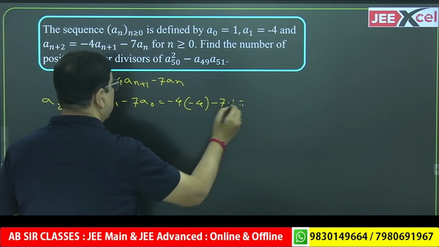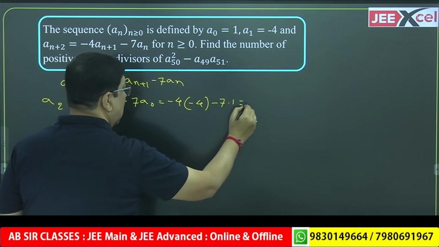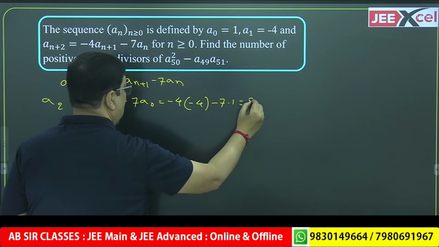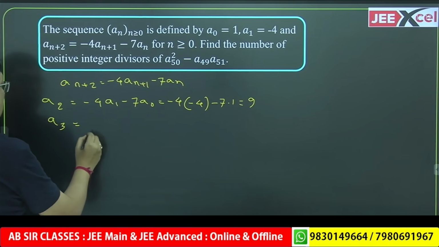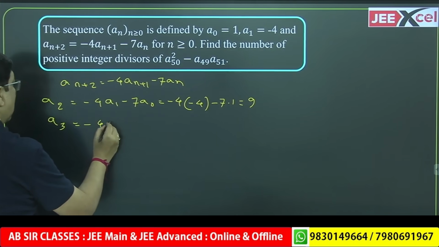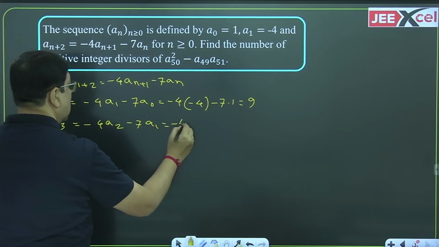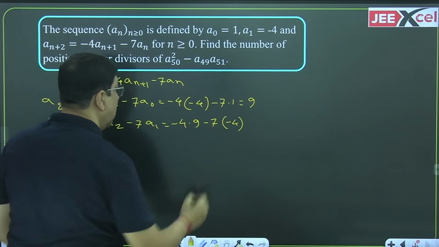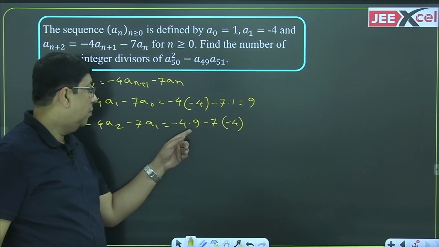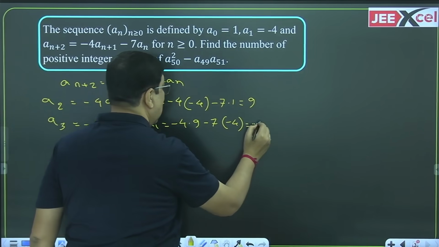So what is coming here? 16 minus 7, that is 9. And a3 is minus 4 a2 minus 7 a1, that is minus 4 into 9 minus 7 into minus 4.